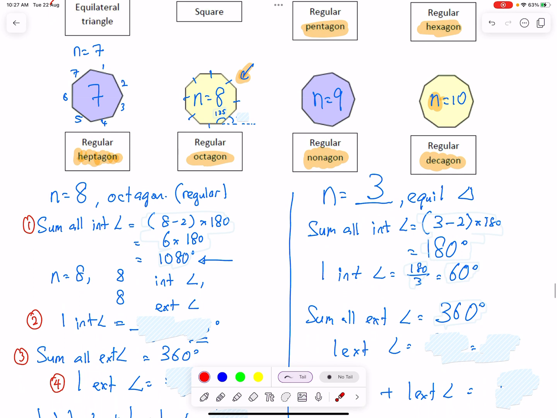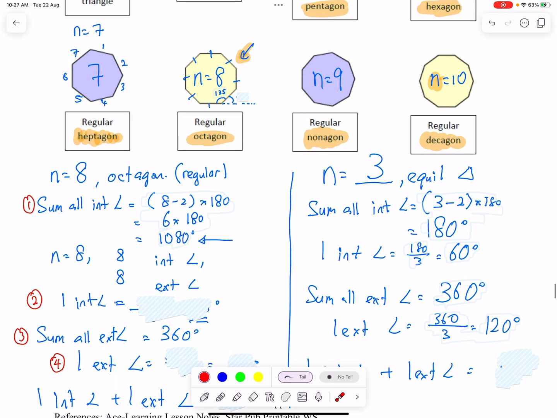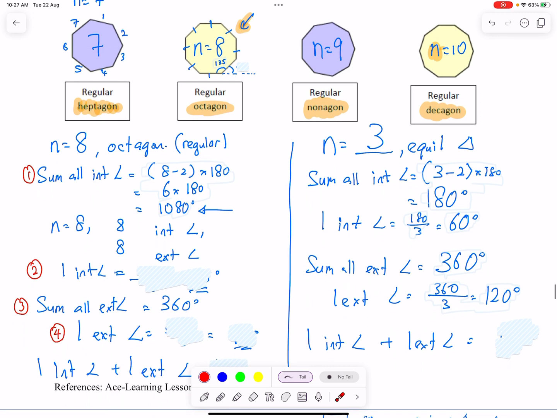But if I want to calculate just one, I will need to take 360 divided by 3, and I'll get 120. Then I do a check. One interior angle plus one exterior angle should always equal 180. So 60 plus 120 gives you 180.